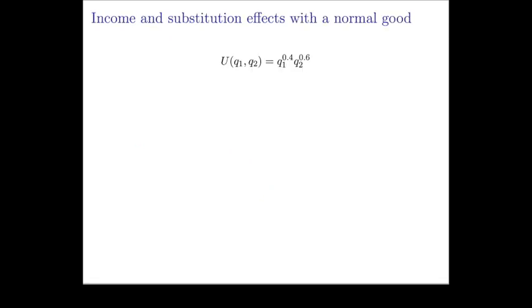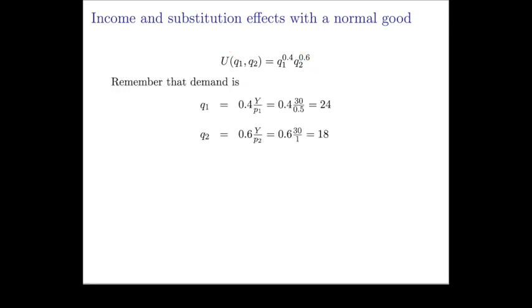So let's calculate the income and substitution effects for a given good when it's a normal good. Indeed, when we have a Cobb-Douglas utility function, both of the goods are normal goods. So let's remember that the demand functions for the two goods are given by these expressions.